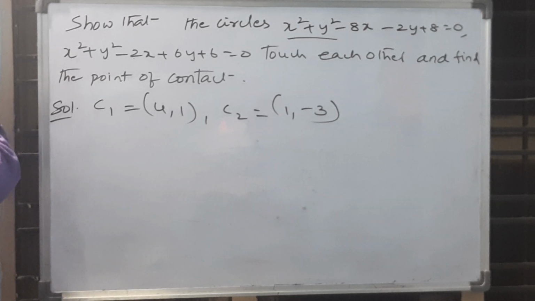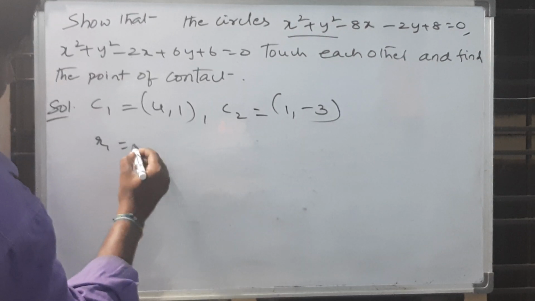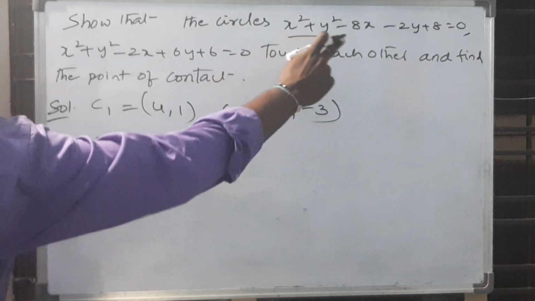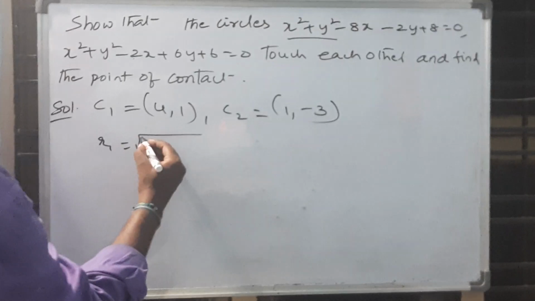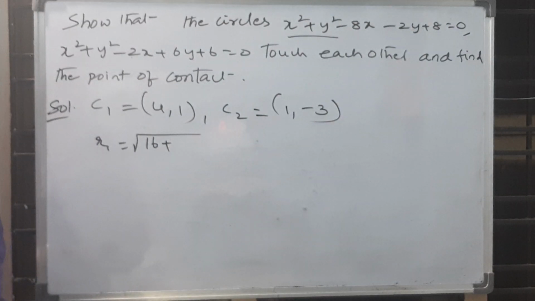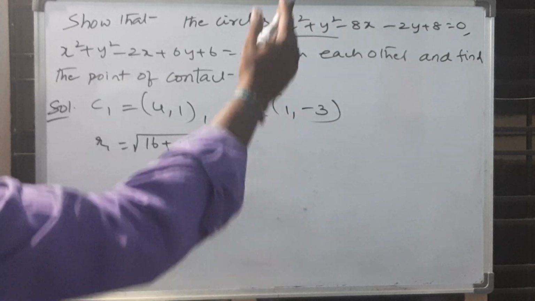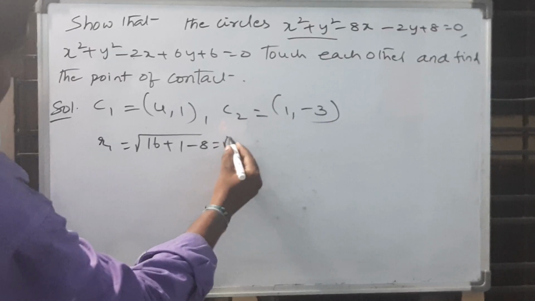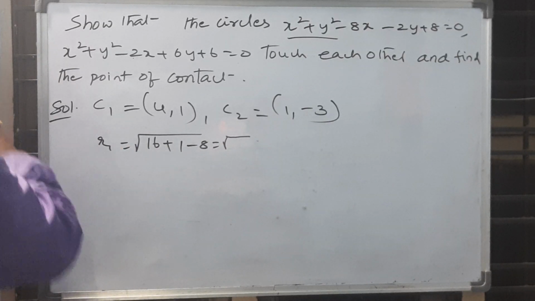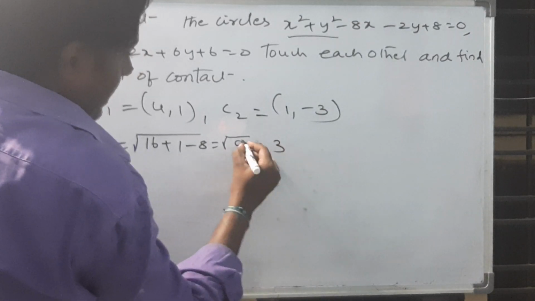So what is the radius of the first circle? The formula is square root of g square plus f square minus c. G is minus 4, whole square is 16, plus f is minus 1, whole square is 1, minus c is minus 8. That is square root of 16 plus 1 is 17, 17 minus 8 is 9, square root of 9 is nothing but 3.